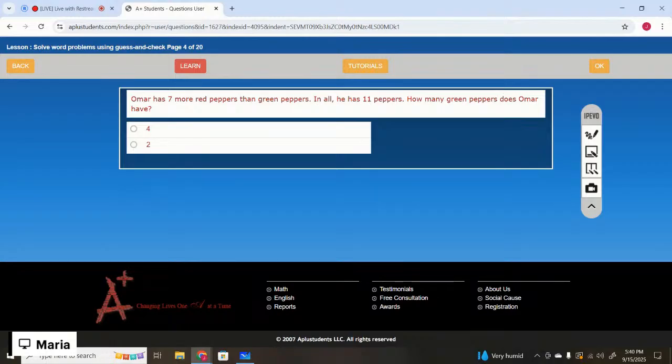Omar has 7 more red papers than green papers. In all, he has 11 papers. How many green papers does Omar have?